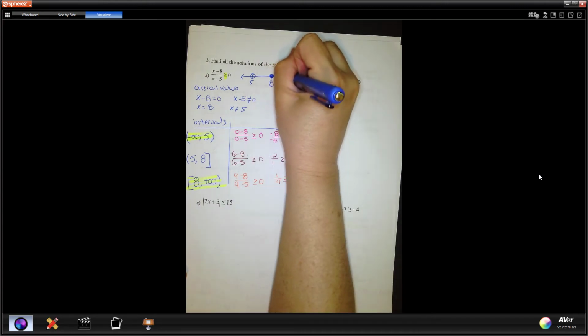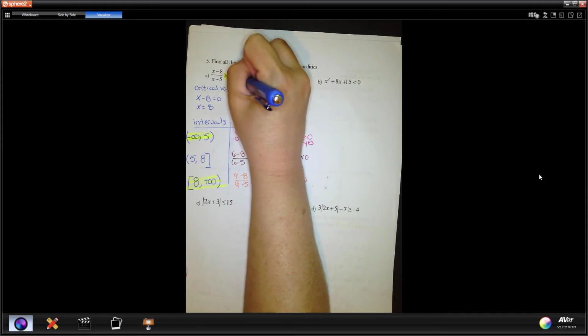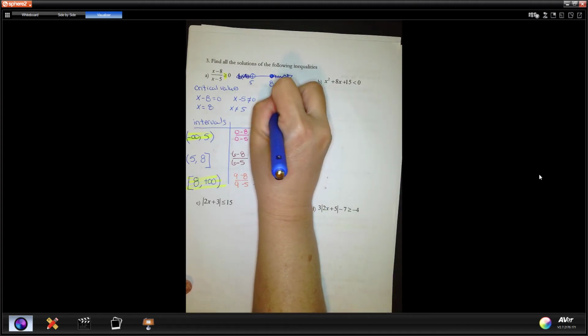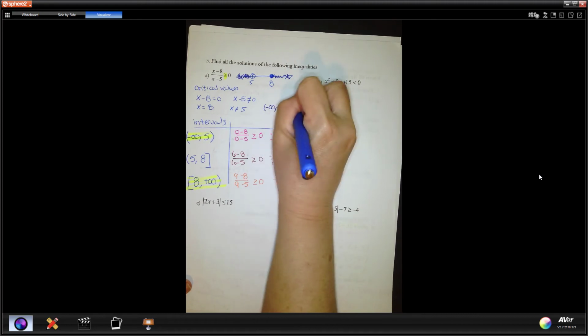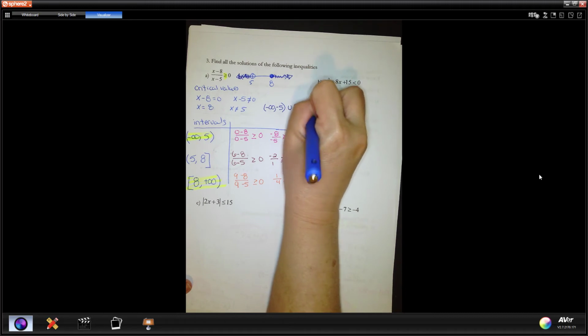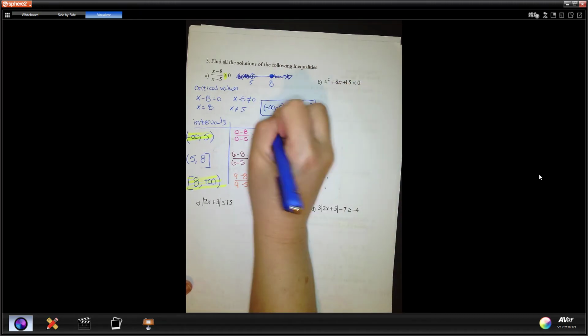So if we're going to graph that, we would go up here and our arrows go that way and this way. But sometimes we wanted our answer in interval notation, so that goes from negative infinity to negative 5 union 8 to positive infinity. So then there is our final answer.